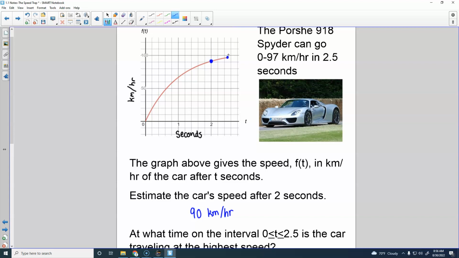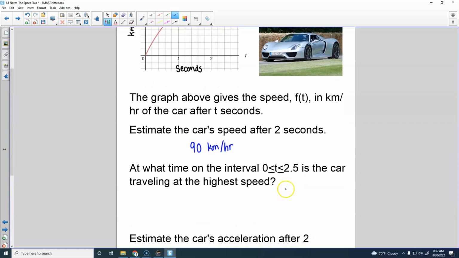Because we're looking at a different graph. This is speed. So wherever that graph is the highest, that's where our speed is going to be the highest, even though it's not steep at that point. Now, our graph is much steeper over here. But that does not give us speed, right? That's something different when we're looking at the steepness of the graph that we're going to talk about in a second. So it would be at 2.5 seconds there.